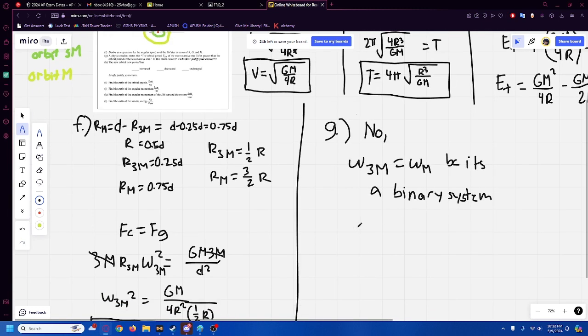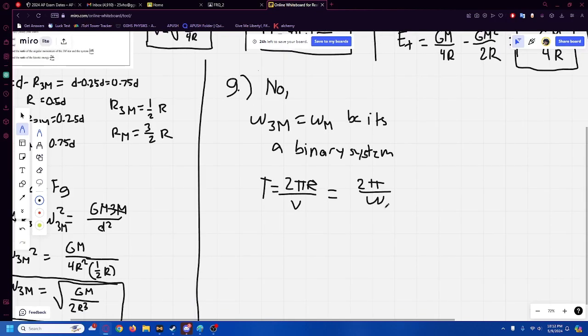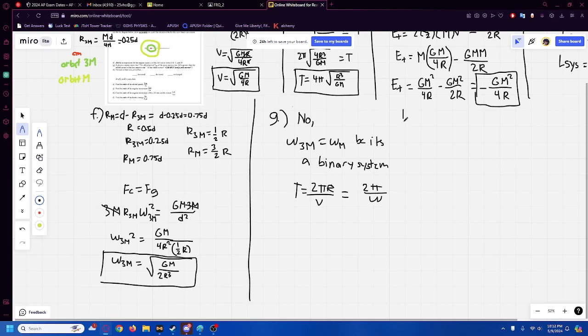You can also show this with T equals 2 pi r over v, and r over v is the same thing as omega on the bottom. And since omega 3m and omega m are the same, the T would be equal for both of the stars.